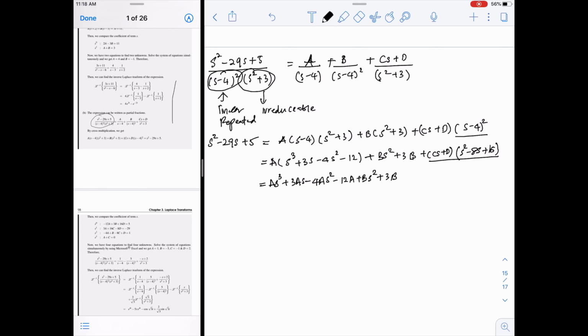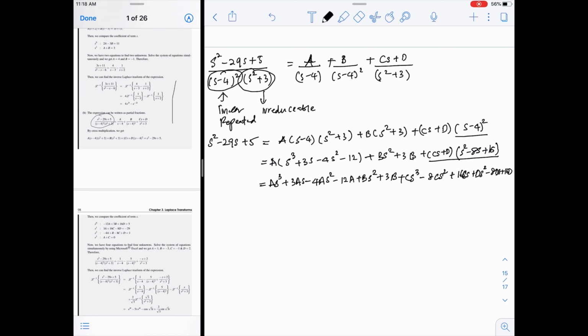You will have Cs cubed minus 8Cs squared plus 16Cs, and then you will have Ds squared minus 8Ds plus 16D.